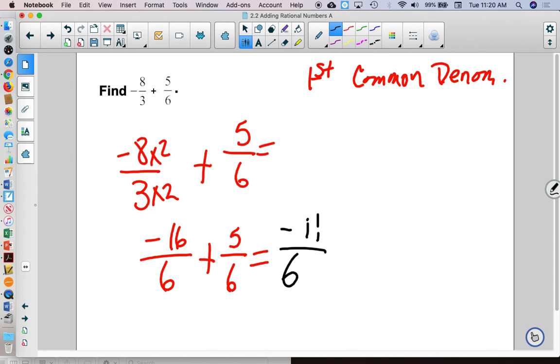Jordan, now that I've got negative 11/6, what should I write? Simplify or mixed number, right? So what does it become? Negative 1 and 5/6. 6 goes into 11 one time with 5 left over.